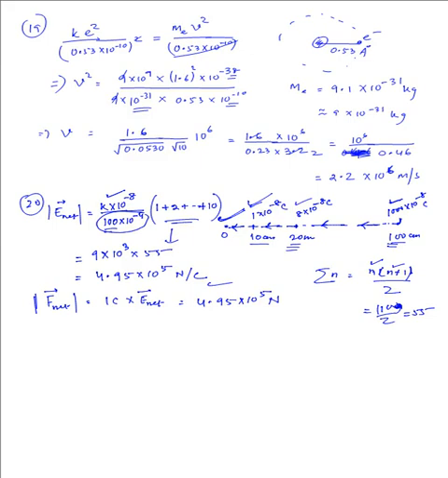As far as direction is concerned, if we are taking the positive x-axis on the right hand side, the direction is obviously going to be on the left hand side, that is along minus i cap. So you can consider that as well.